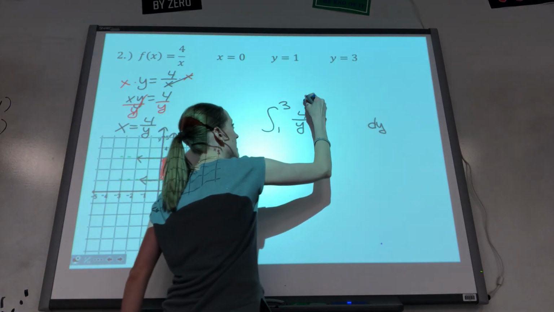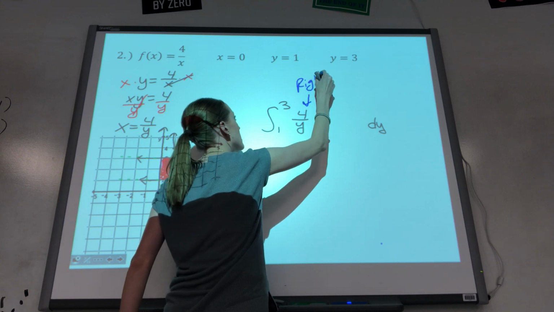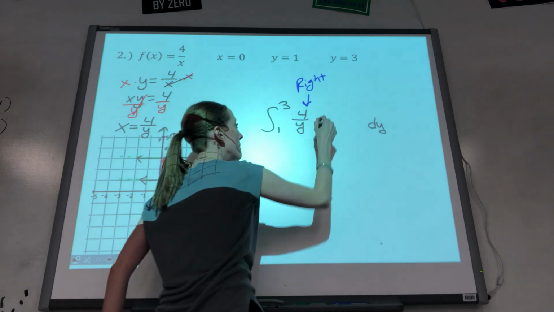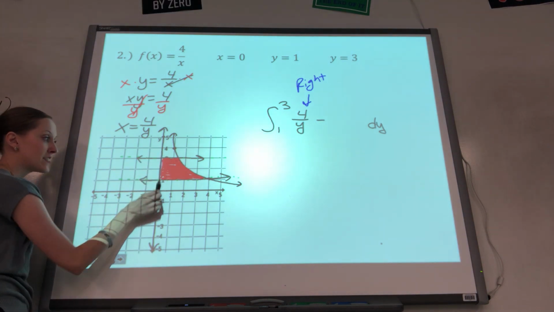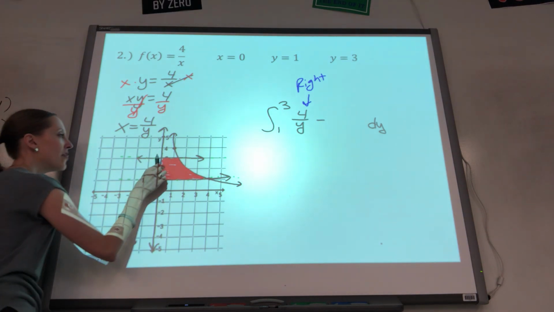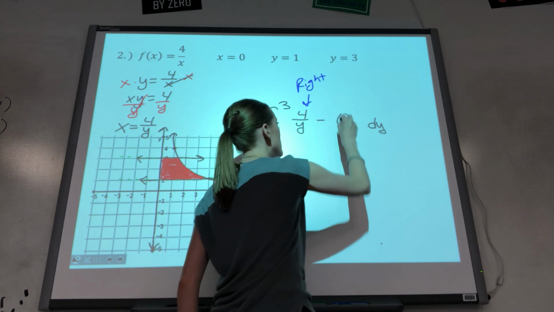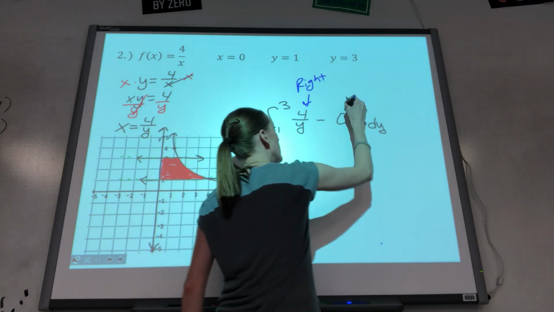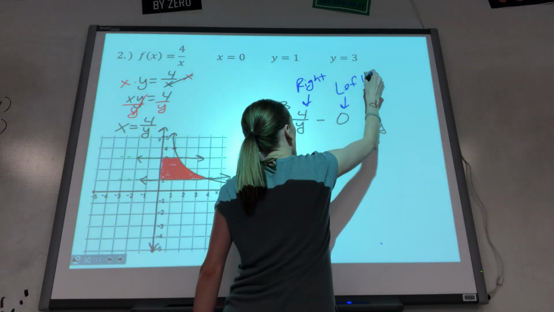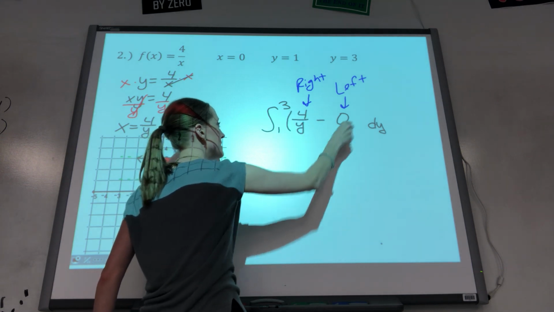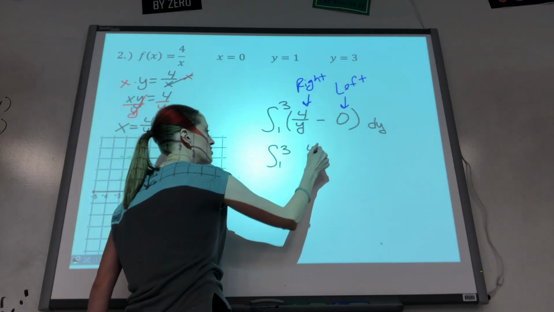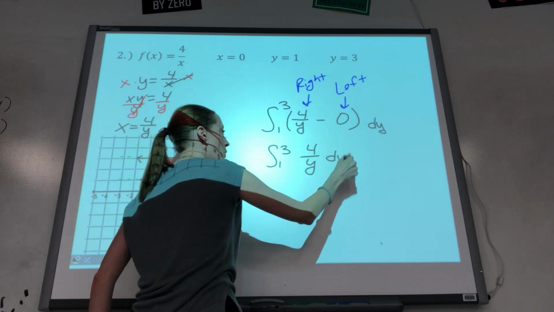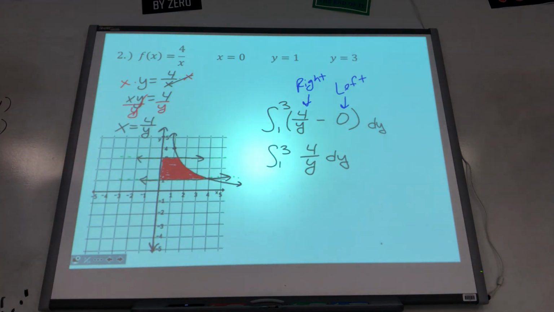The function on the left was just x equals 0. So this is what I'm integrating with respect to y. I'll write it as 4 over y dy.